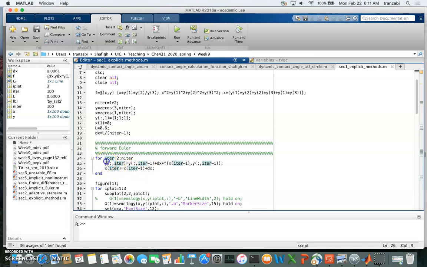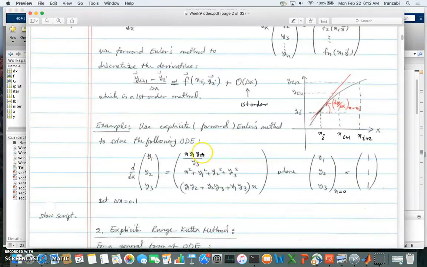Now here I'm storing all the 3 y values as a column vector, and then every column corresponds to every I iteration. Okay, so remember my function is 3 unknowns y1, y2, y3. At every x value, I calculate these 3 and then put them in a column vector.